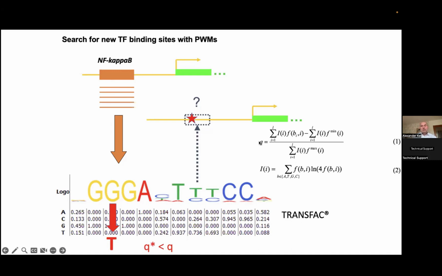In reality, it will lead to a drop of the affinity of that transcription factor to that binding site, which may lead to basically abolishing that binding altogether.